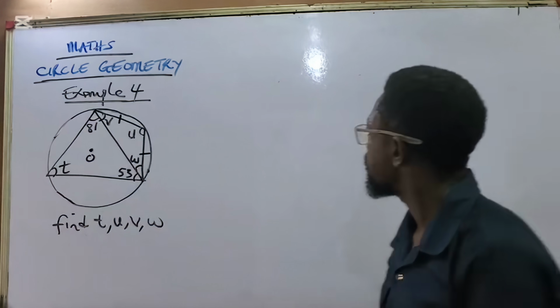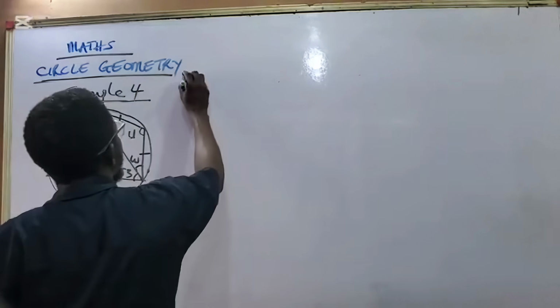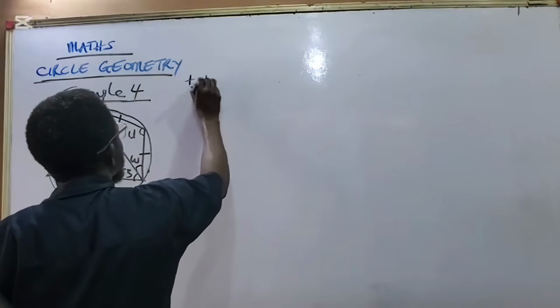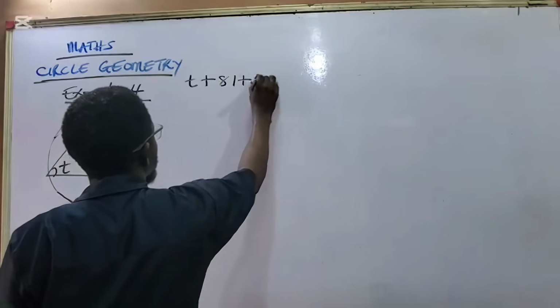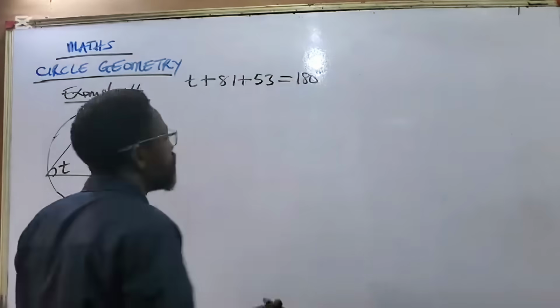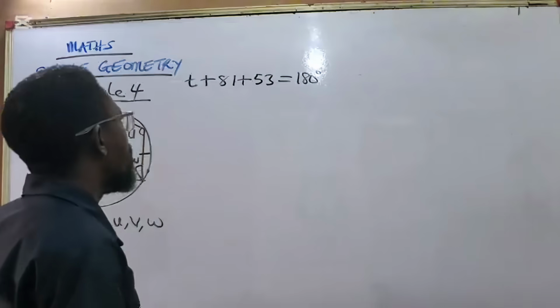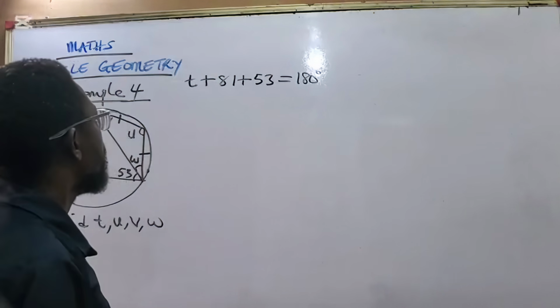So now let's do that first. For this triangle here, we get t plus 81 plus 53 equals 180 degrees. The sum of angles in a triangle is 180 degrees.